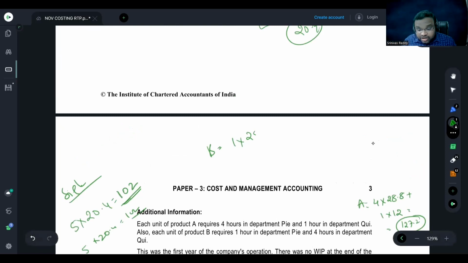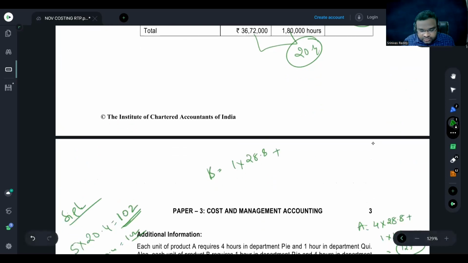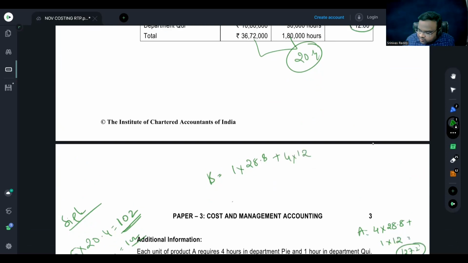In examination, they may confuse you. Above they may give Q, below they may give P. Please be careful. Please be cautious in the examinations. Plus 4 into how much are you charging? 12 rupees. So 28.8 plus 48, 76.8.